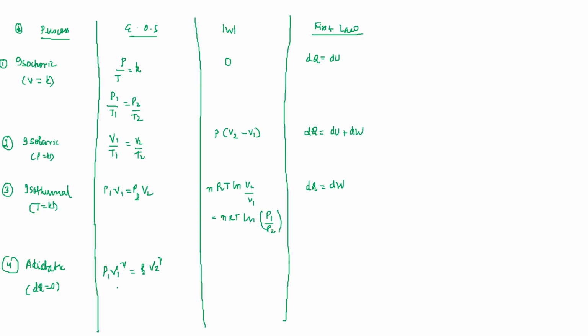This can also be written in terms of pressure and temperature, and volume and temperature; the equation of state can be written in terms of all the three variables. Work done in an adiabatic process is P1 V1 minus P2 V2 upon gamma minus 1, which is nR T1 minus T2 upon gamma minus 1. And since there is no heat transfer, du would be equal to dw.